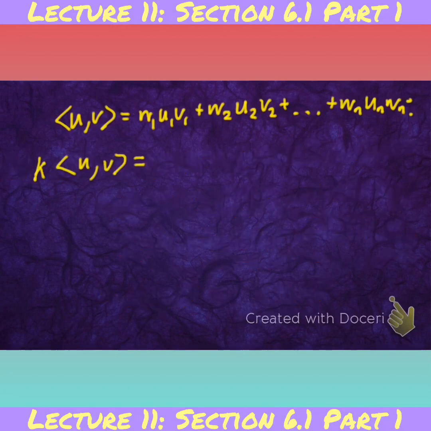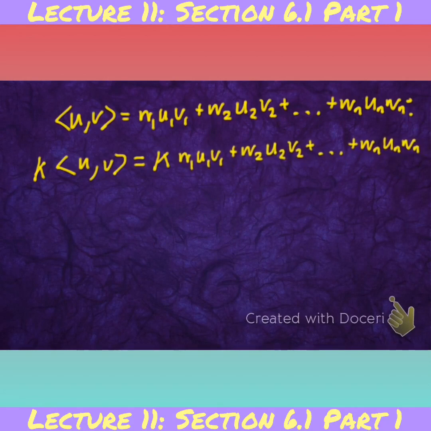The third axiom: take a scalar multiple of the product of u with v. That is straightforward. That is going to be k multiplied by this whole term here. So it's going to be k times that whole term there.